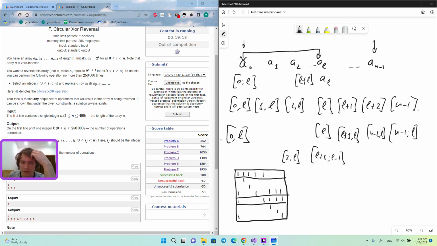Then I can spread it to the top and apply this operation. And now, no, we have this thing. Okay, we won because we have this row.